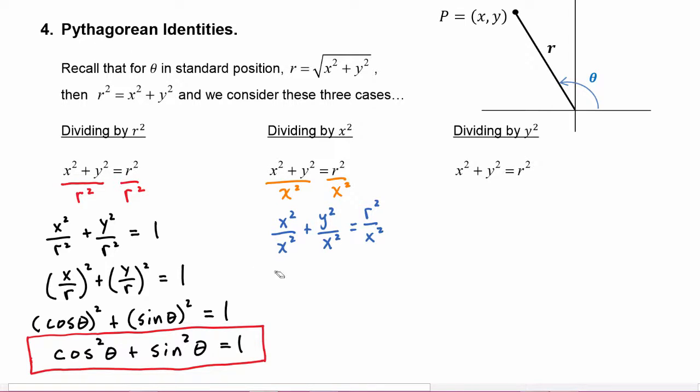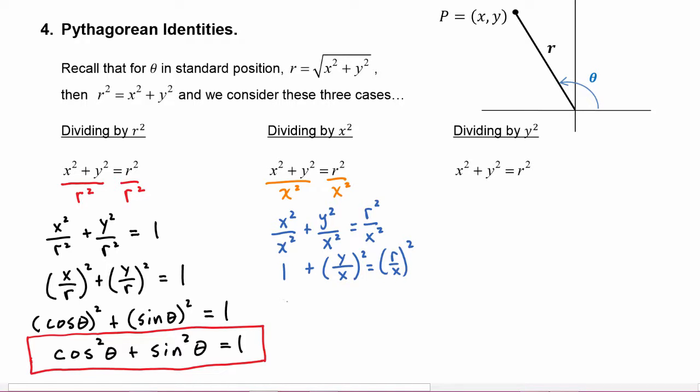Now we know x squared over x squared is going to be 1. We can rewrite this as y over x quantity squared, and we can rewrite this as r over x quantity squared.